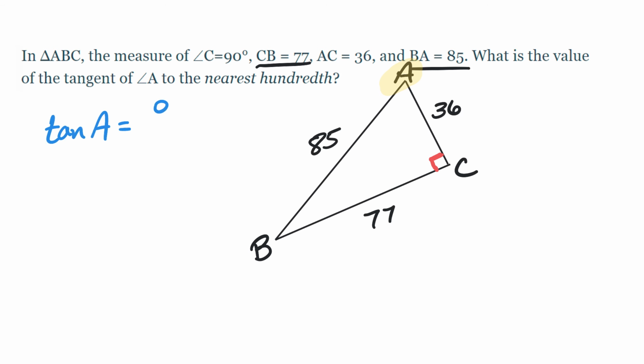Tangent of angle A, opposite over adjacent. Opposite of angle A is 77, and adjacent to angle A is 36.